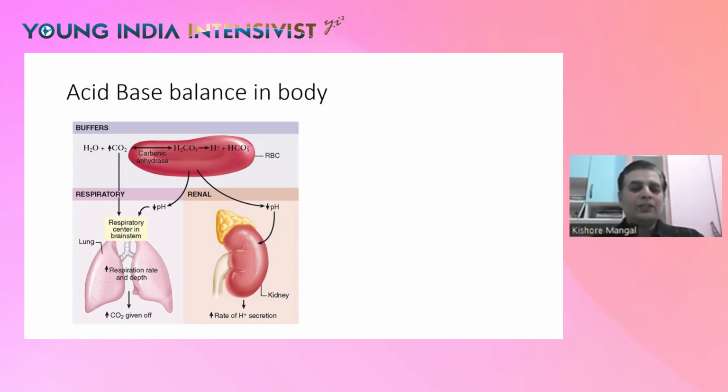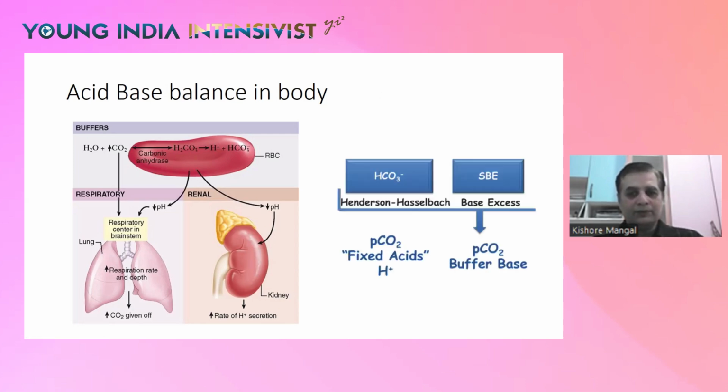If the patient is developing respiratory acidosis, pH will decrease. There will be respiratory stimulation, respiratory rate and depth will increase, CO2 will go off. If there is metabolic acidosis, traditional teaching is that renal compensation will start because pH has decreased, and the kidney will try to increase the rate of H plus secretion, and that is how the balance is achieved.